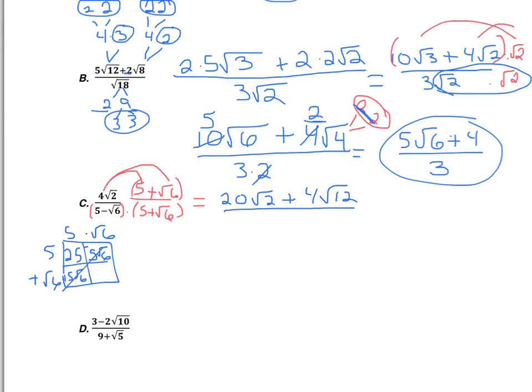And then root 6 times root 6 is 6, and it's negative. And then 25 minus 6 is 19.